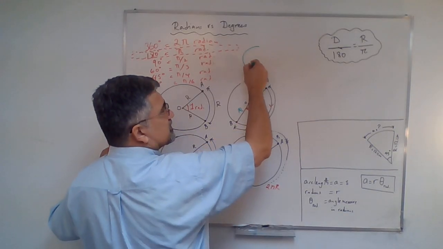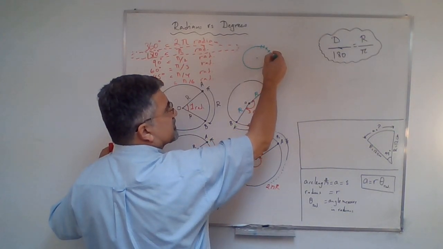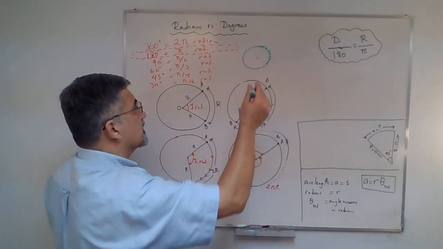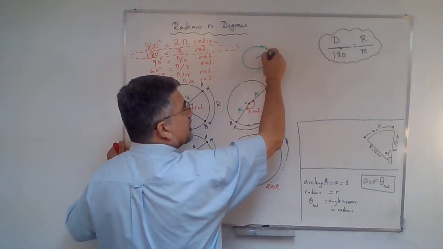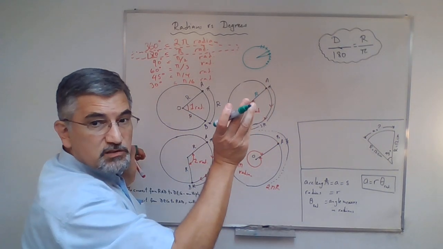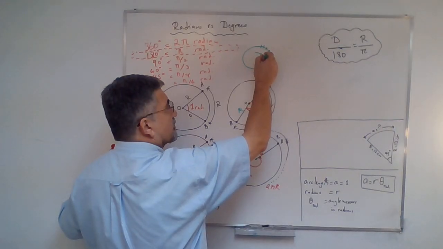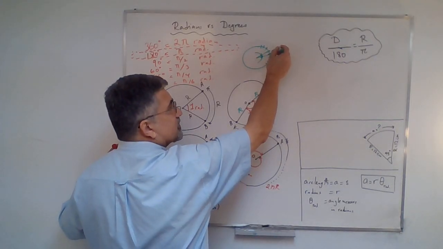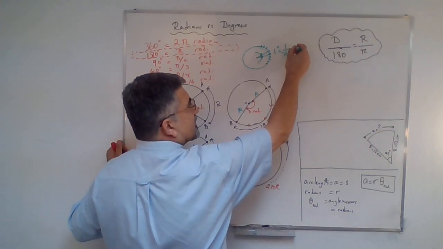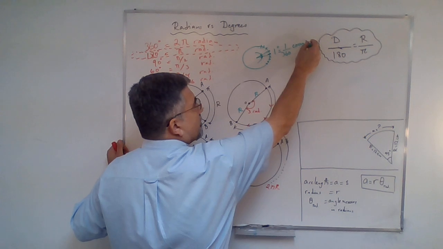So if you have a circle, and you divide the circumference of the circle into 360 equal parts, and you grab one of those little parts, the measure of that central angle is 1 degree, which is 1 over 360th of the circumference.